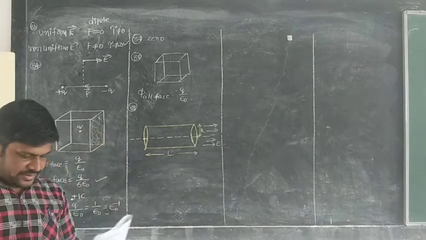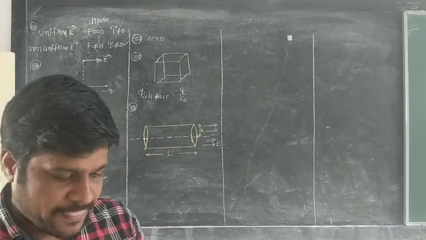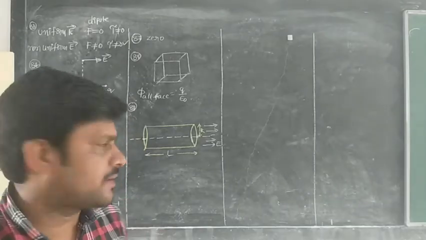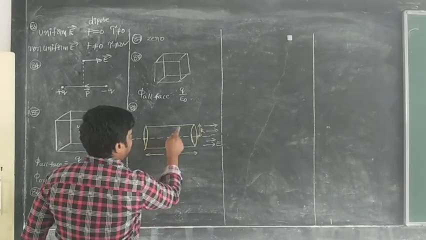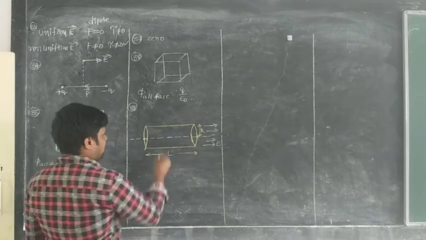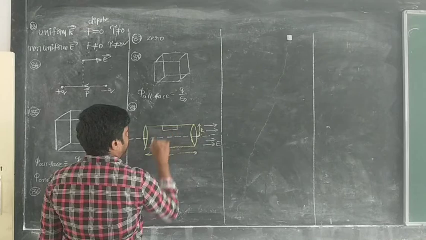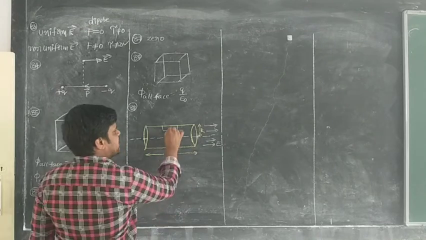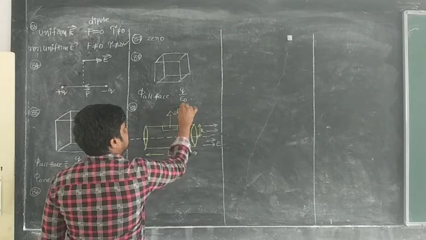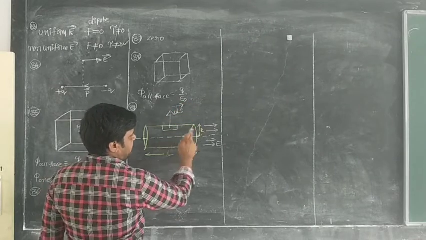Next, the question is the total flux through the surface of the cylinder. This complete portion is the surface of the cylinder. Through this surface, what is the electric flux? The direction of the area of this surface is like this, and the electric field is like this.